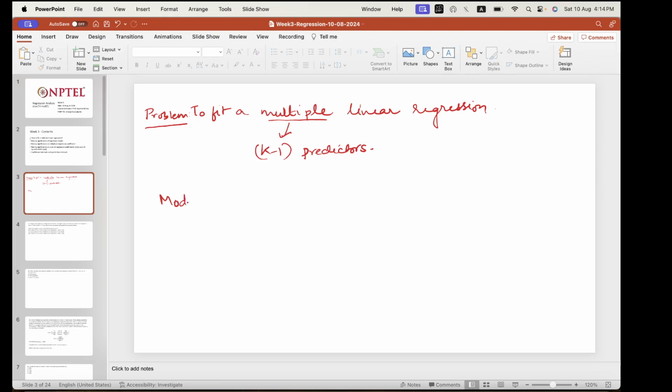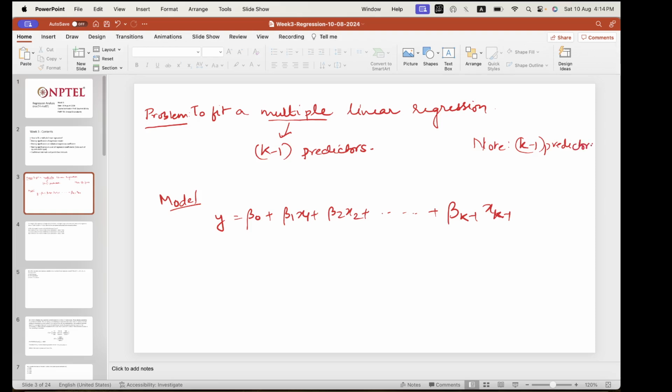Our model will look something like this. It will be y equal to beta naught plus beta 1 x1 plus beta 2 x2 plus up to beta k minus 1 x k minus 1. Okay, note here we have k minus 1 predictors.